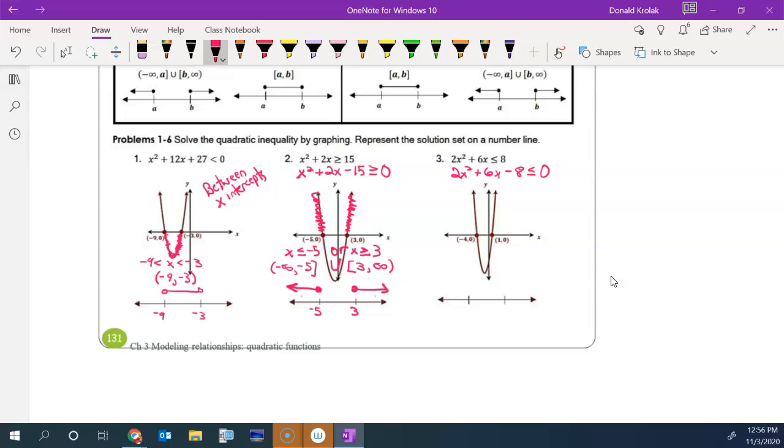Okay, so between the two x-intercepts. This part that I'm coloring in red are all negative y values. So if you are a negative y value, your x-coordinate is going to be between those two numbers and included. So that's how we write between. Okay, as an interval.